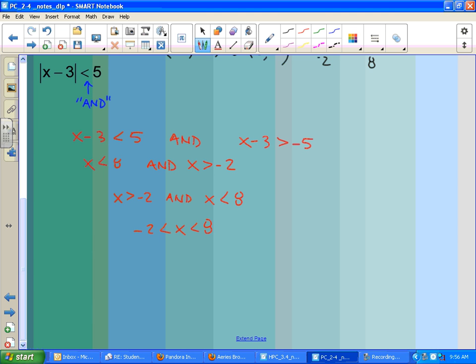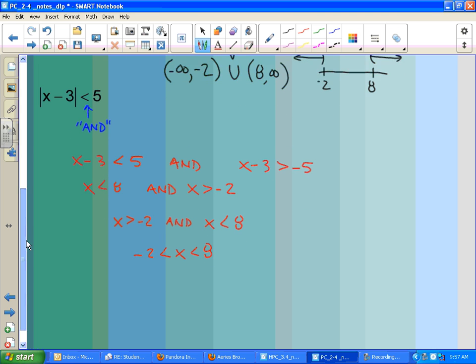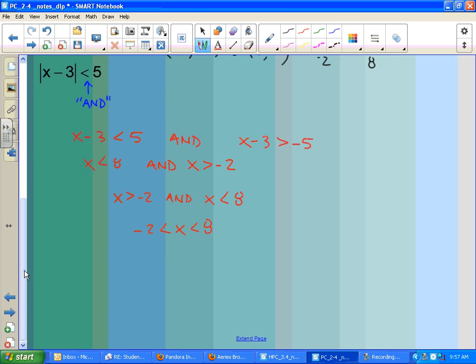If the variable's on the right, you have to reverse that role. All right, so that's why we don't have to write the word and when we write this inequality for an and situation. We can just write it as an inequality notation or an interval notation. It would be negative 2 to 8.